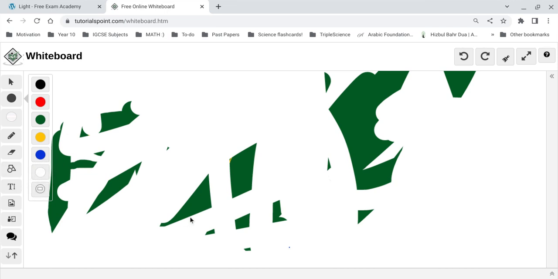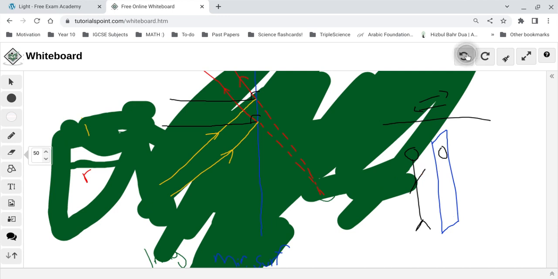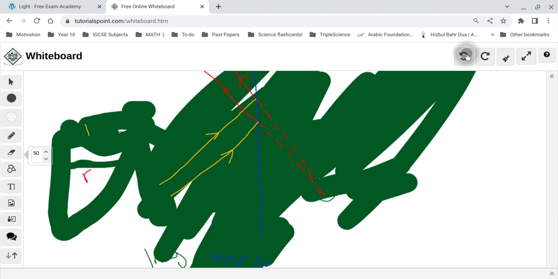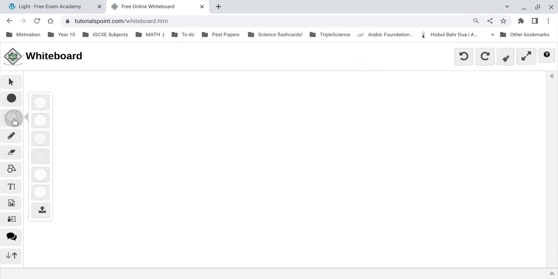Whoa, what is this? Where did this come from? Where did the screen come from? Okay, that was a bit confusing.